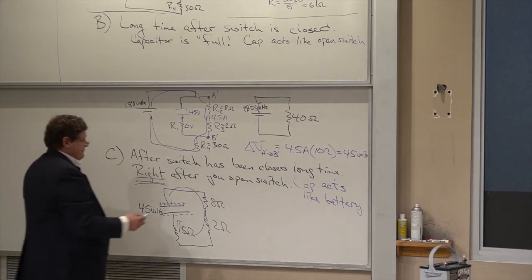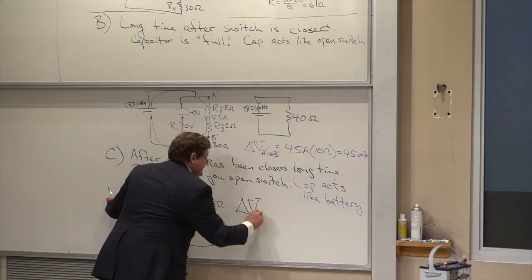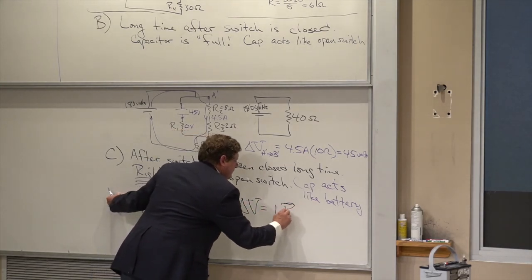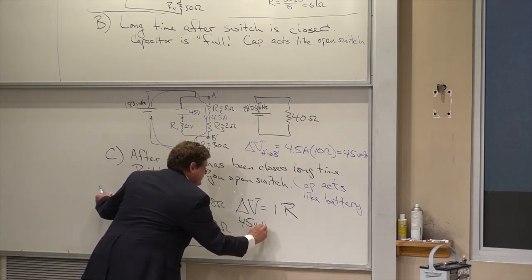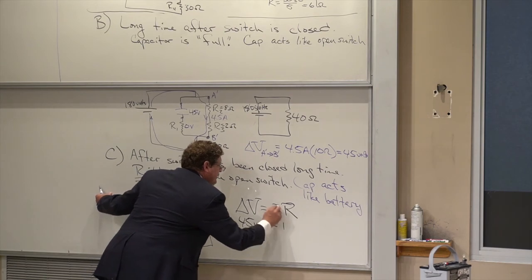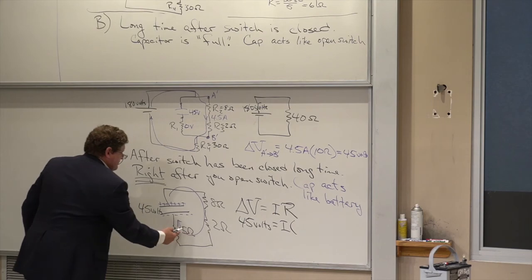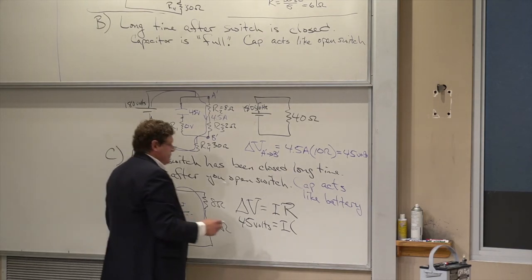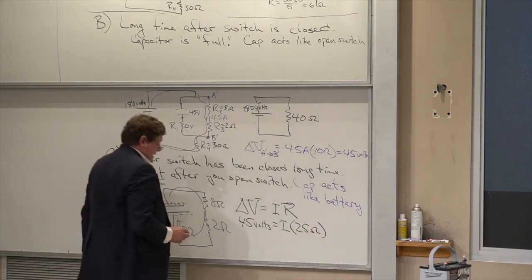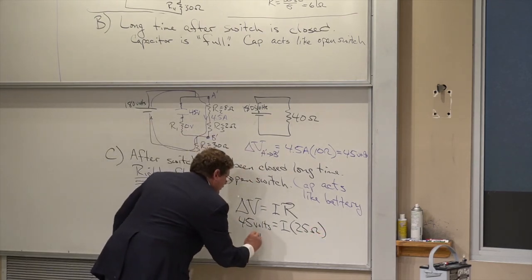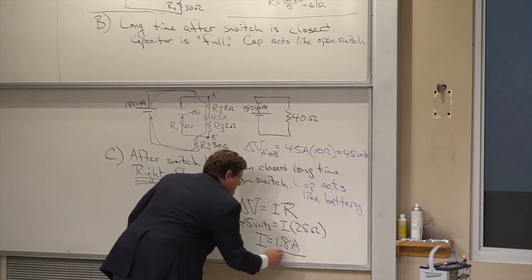And so that means if I use V equals IR, I'm going to have 45 volts pushing current through 8 plus 2 is 10 plus 15 is 25 ohms. And that's going to give me a current of 1.8 amps.